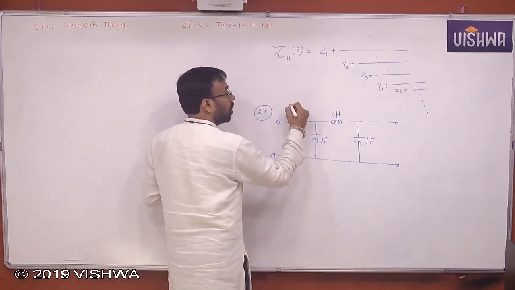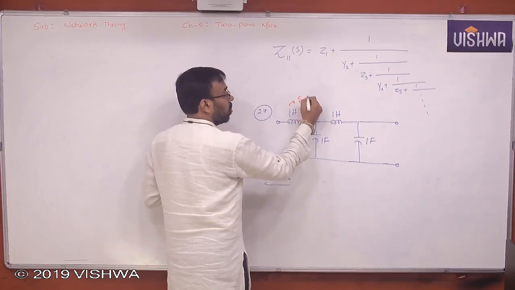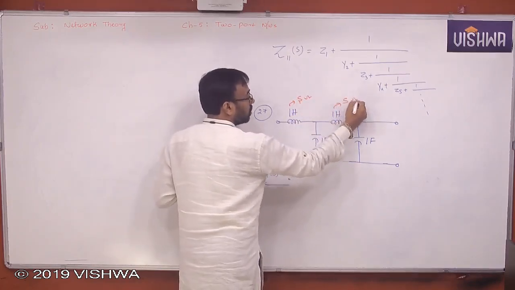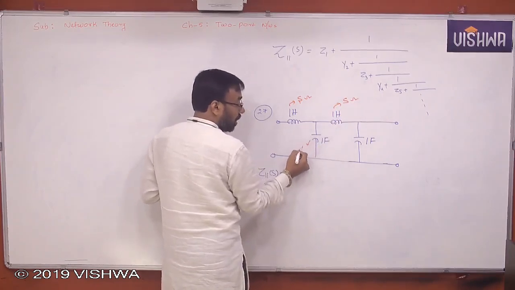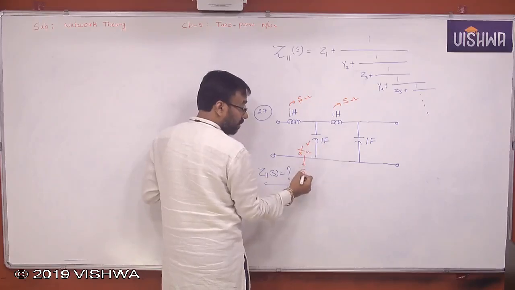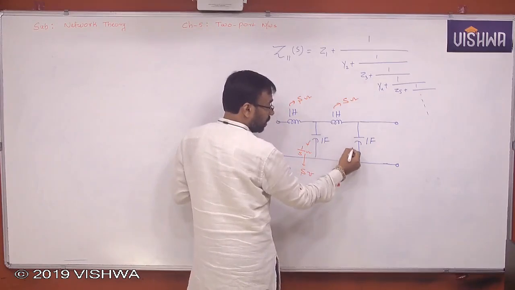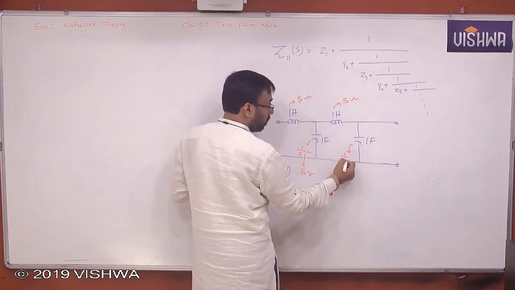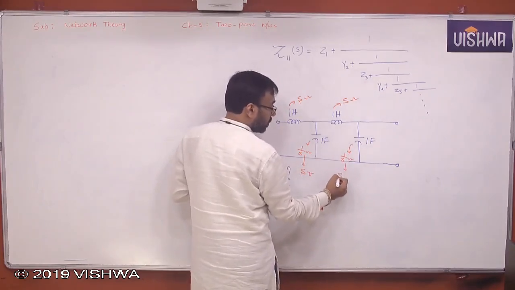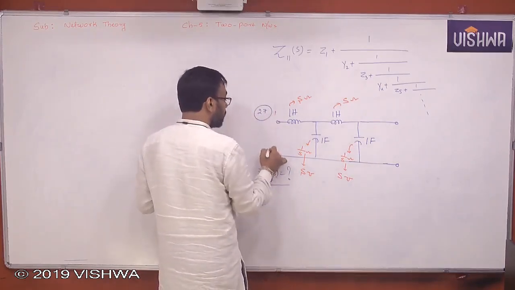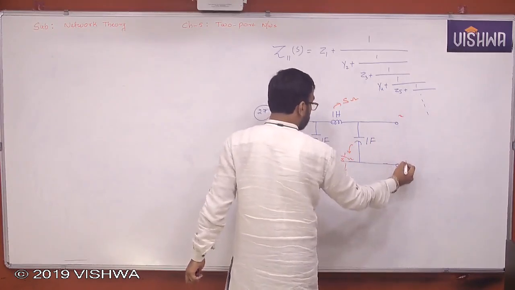So this will become S ohm, 1 into S. So this is 1 by S ohm, but shunt elements must be in Siemens, so S Siemens. This is 1 by S ohm, but I want in Siemens, S mhos.